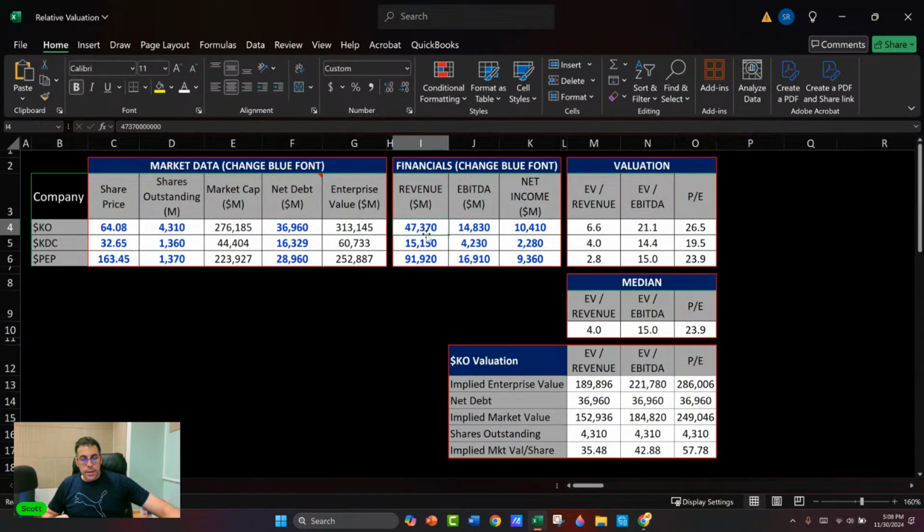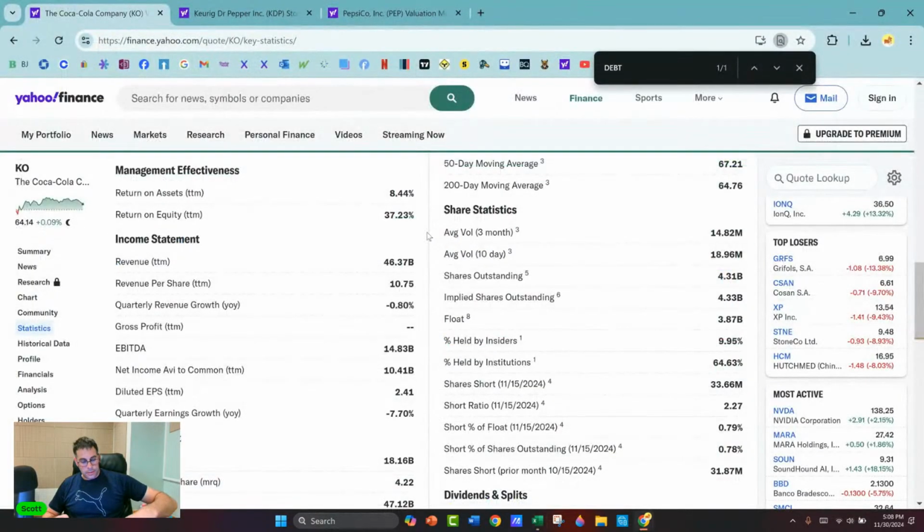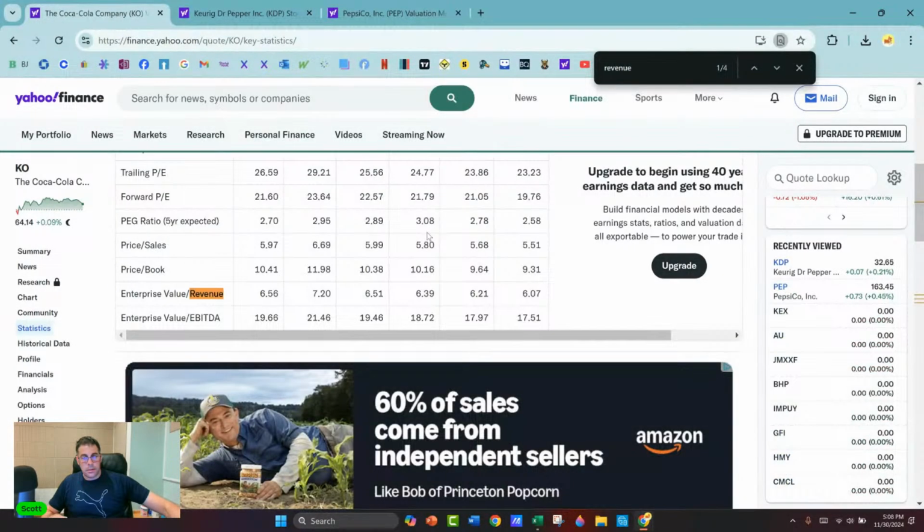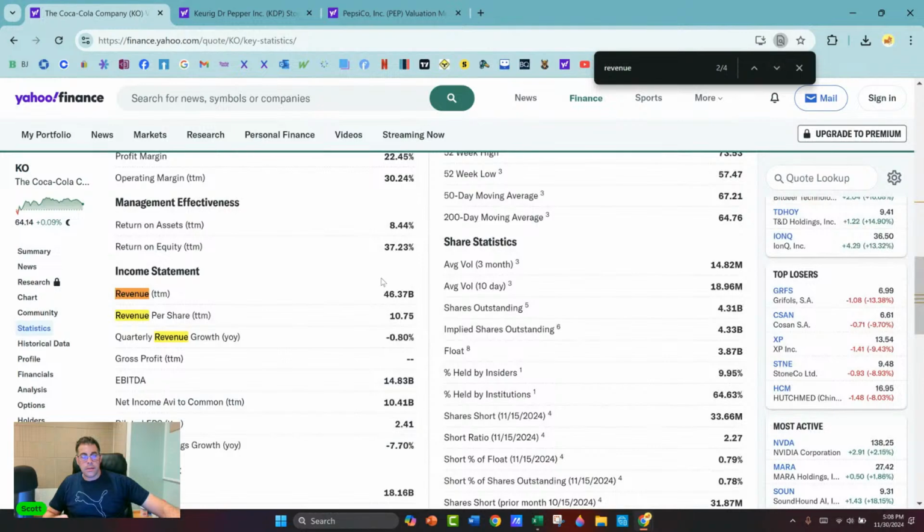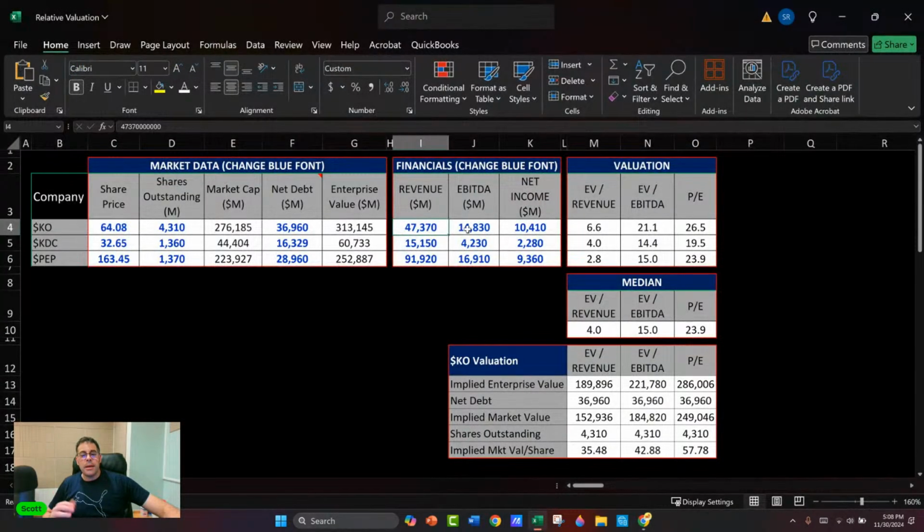And then revenue, you have to pull that from Yahoo Finance. And then EBITDA, same thing. We pulled that number, 14 billion. Net income, we pulled that number, 10 billion.